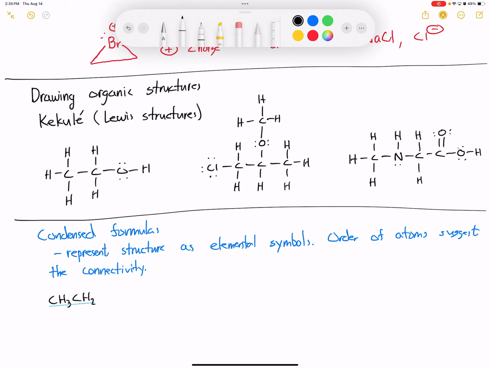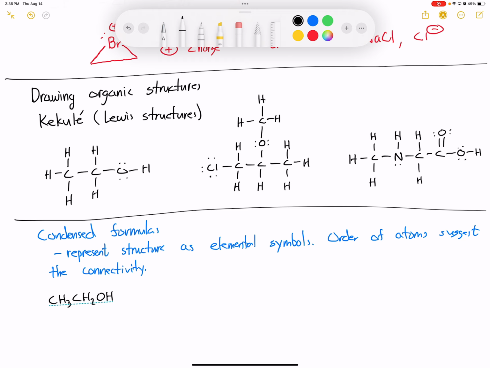What am I missing here? OH. So looking at the OH, right here. See here, I didn't condense the carbons. I put them side by side. So that illustrates how it's connected, right? First, I have a CH3 group on the left, bonded to the CH2 group. And lastly, it's bonded to the O and then the H. All right, are there any questions on how I did that?